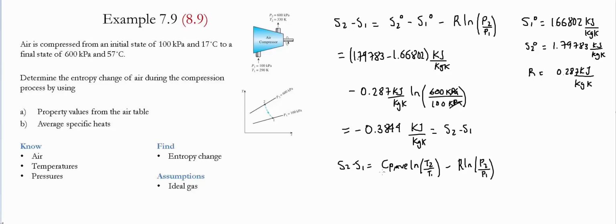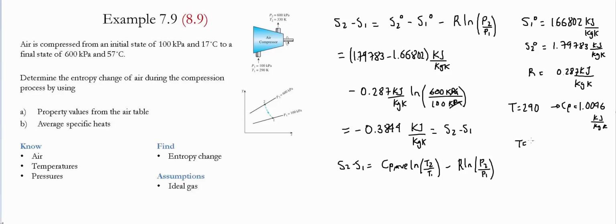For us to find the value of Cp average, we need to find the Cp at the different temperatures. We go to the back of the book and we find that if the temperature is 290, the value of Cp is equal to 1.0046 kilojoules per kilogram Kelvin.